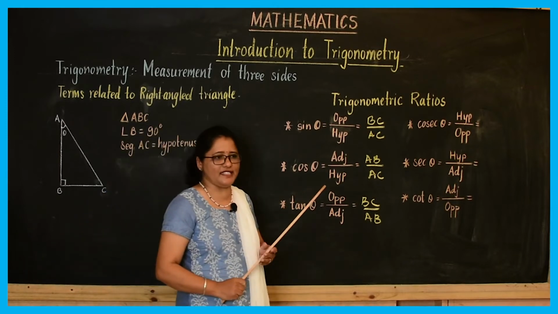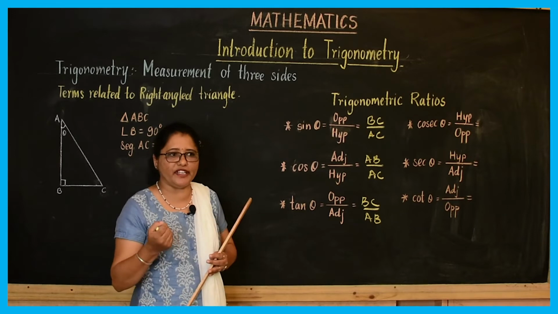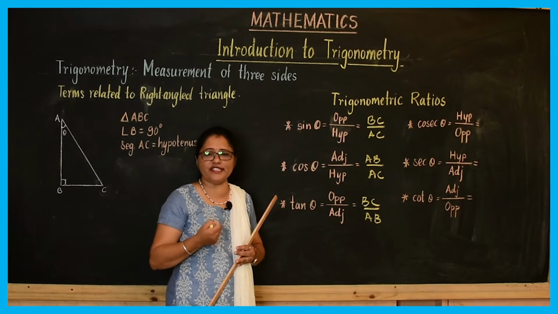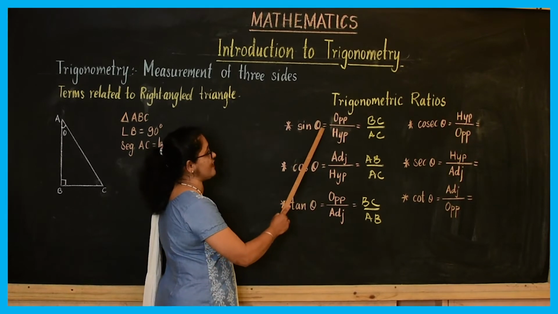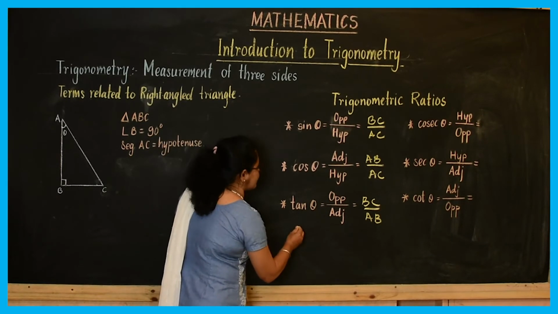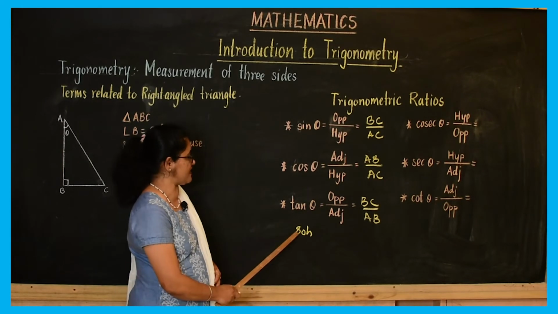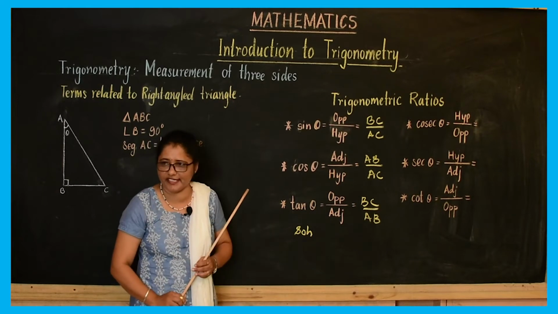To memorize these trigonometric ratios, there is a mnemonic that we use. It will help you to understand these ratios easily and memorize them too. The first one is sin theta is opposite upon hypotenuse, so it is called SOH. SOH means sine of angle is opposite side upon hypotenuse.